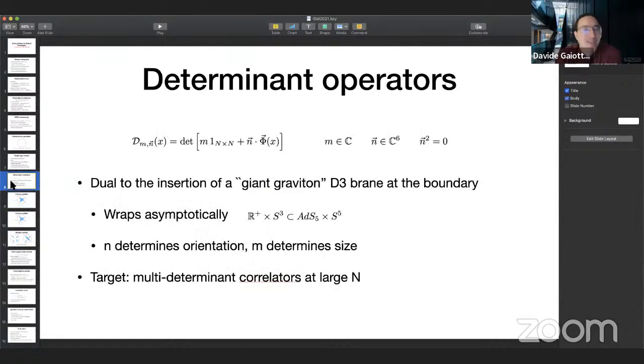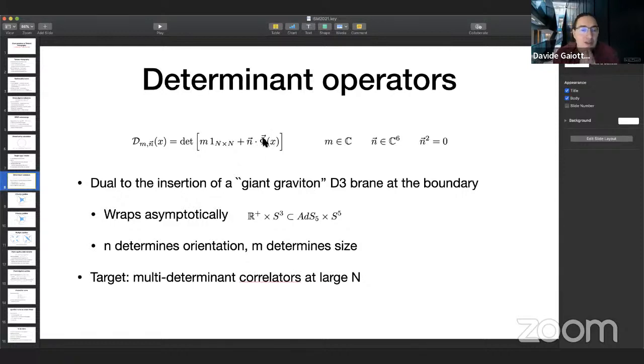So, right, the operators that are relevant for this context are called determinant operators. They are what you get if you take a determinant. They're sort of BPS determinant operators.